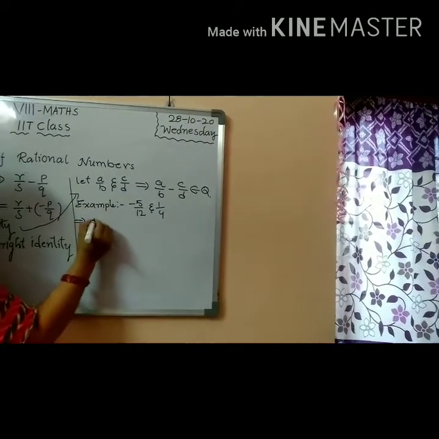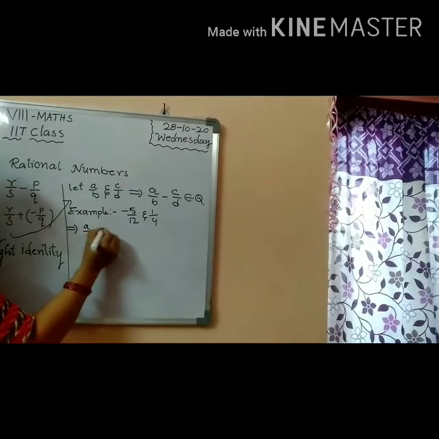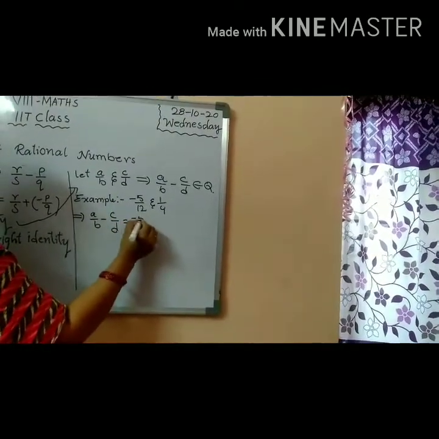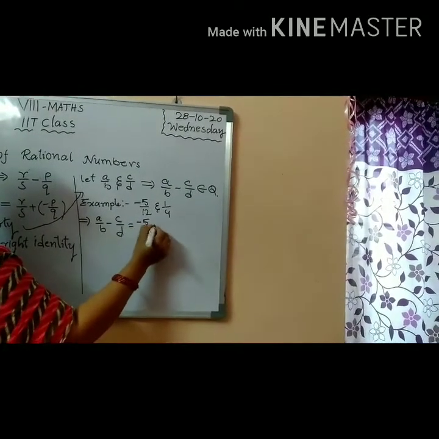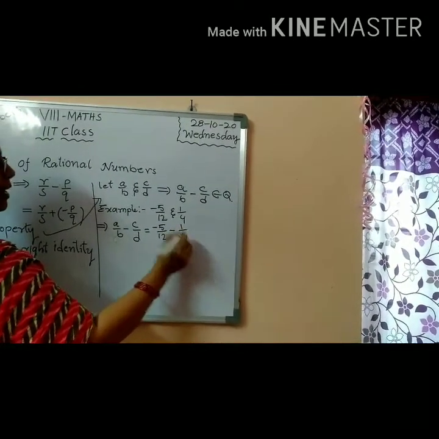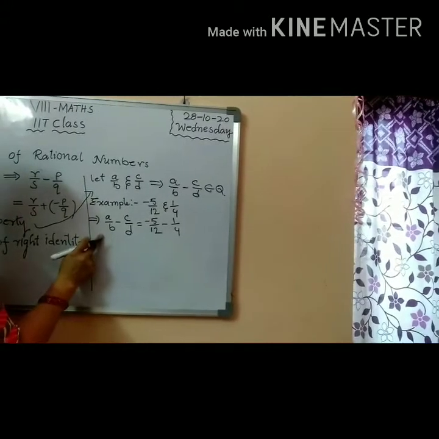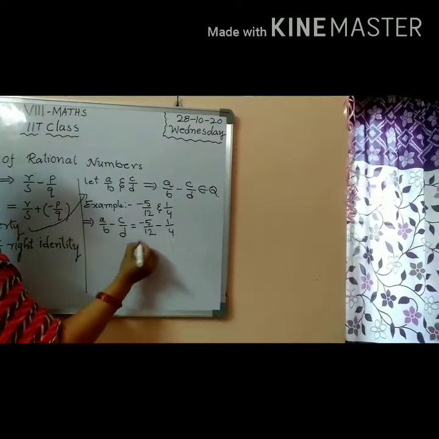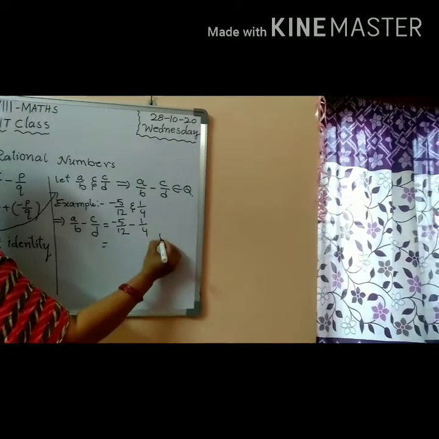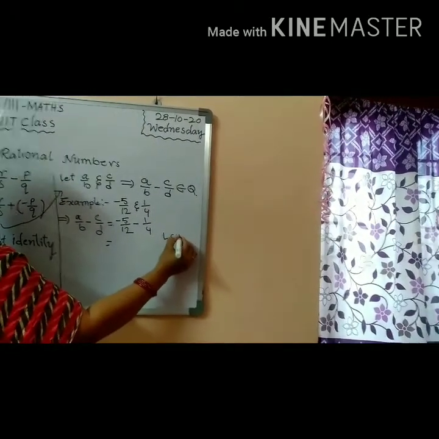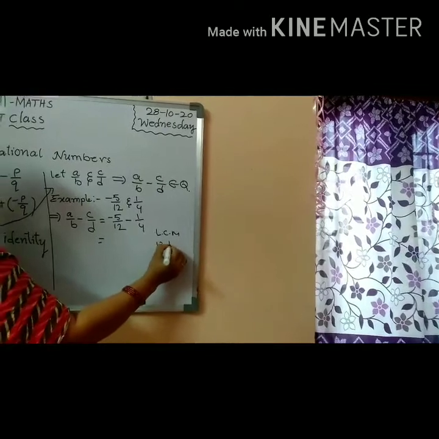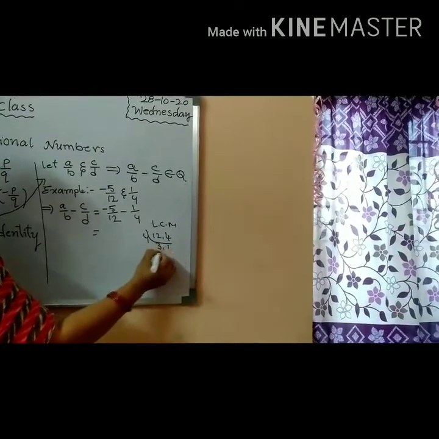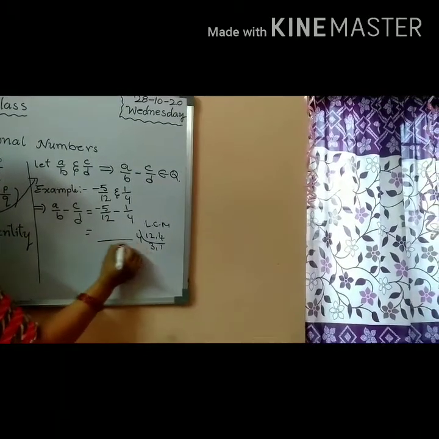Under subtraction, a by b minus c by d is equal to minus 5 by 12 minus 1 by 4, where minus 5 by 12 is a by b and 1 by 4 is c by d. Then take the LCM. The LCM of 12 and 4 is 12.